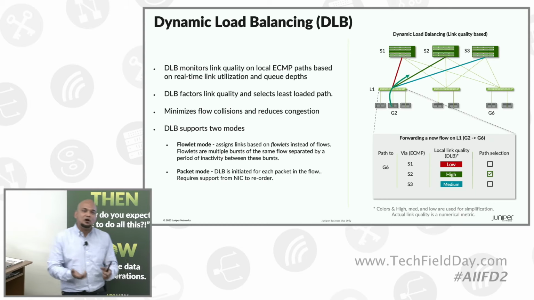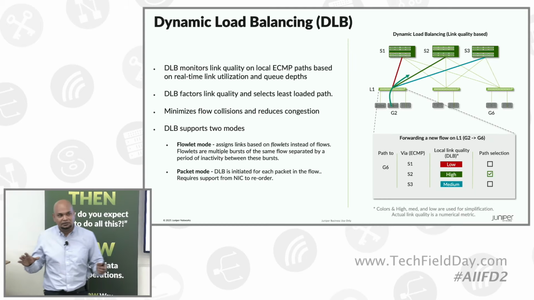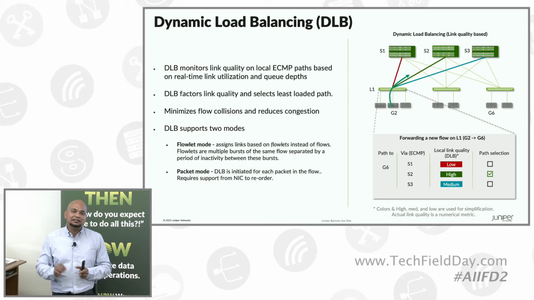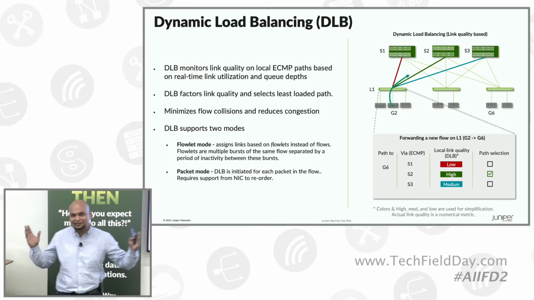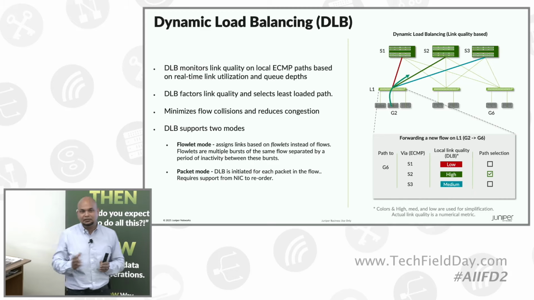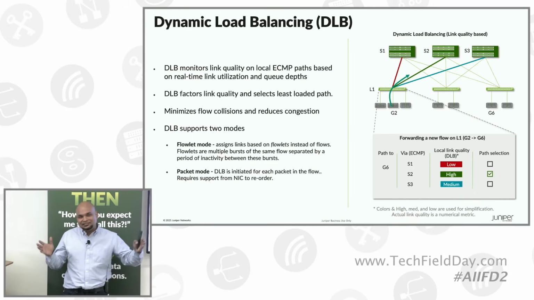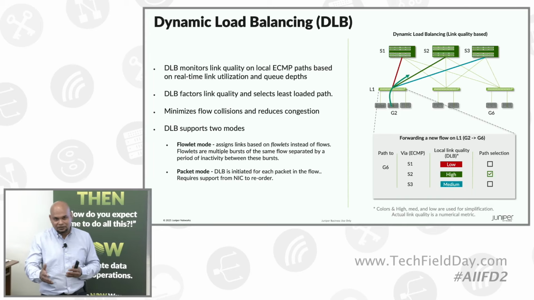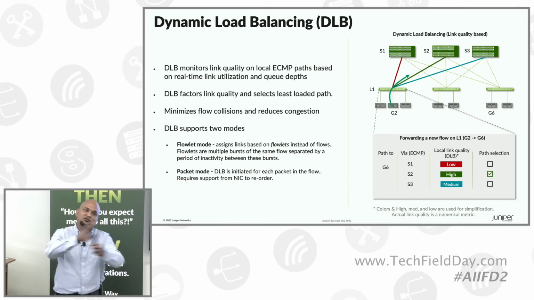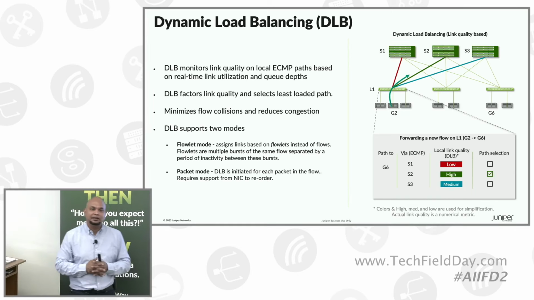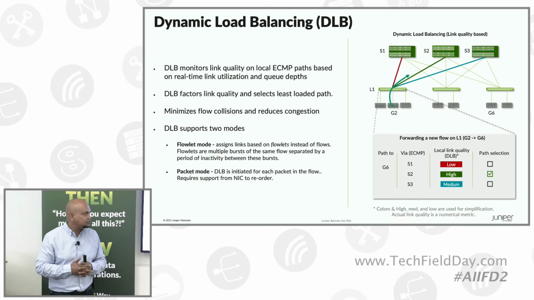If a flow pauses for a configurable amount of time and the next burst comes in, we can treat it as a new flow, even though it's the same 5-tuple in traditional Ethernet. That way we can break these flows into more subflows and then start fairly distributing them based on whatever was happening at that instant of time.